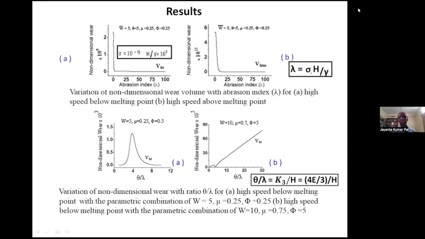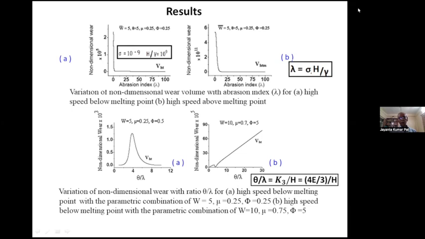Then we come to the variation of non-dimensional wear against theta by lambda. We discussed this earlier, that theta by lambda is an important issue. And if we put the values, it comes down to K3 by H, which is an elastic constant by hardness.